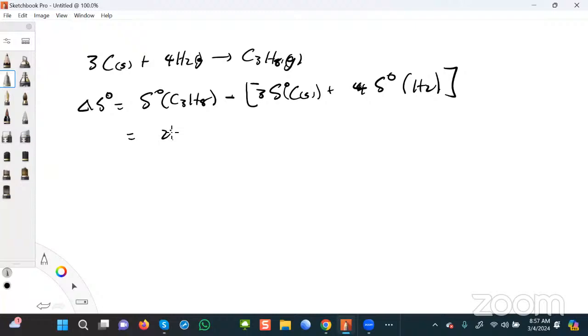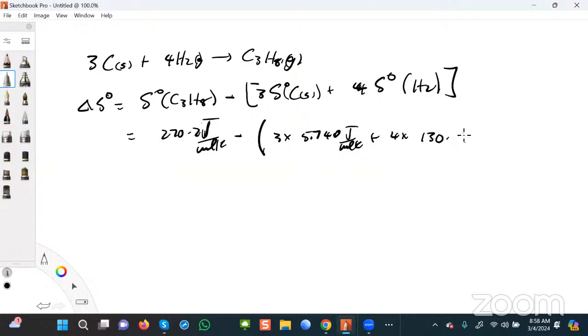So for propane, it's 270.2 joules per mole Kelvin minus 3 times the entropy of carbon, which is 5.740 joules per mole Kelvin, plus 4 times the entropy of hydrogen, which is 130.68 joules per mole Kelvin.